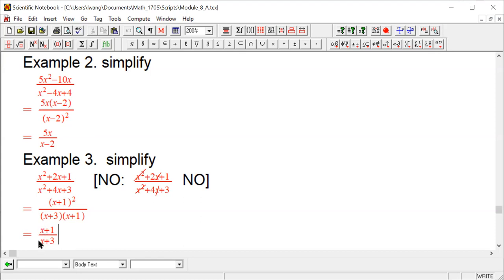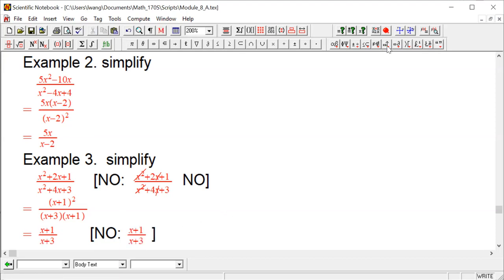Do not cross out the x. Just leave it like that. Please do not cross out the x's in this situation.